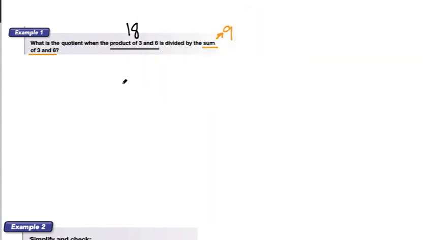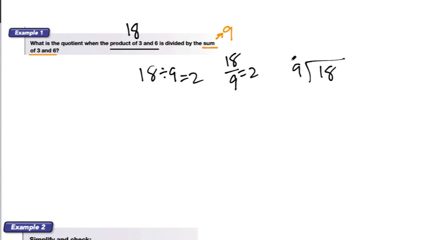Okay, so now I've got what is the quotient when 18 is divided by 9? Oh, that's not too bad. So of course I could write 18 divided by 9 like this, or like this, or like this. Each of these, no matter how I write it, is going to be 2. All right, so that's the first one.